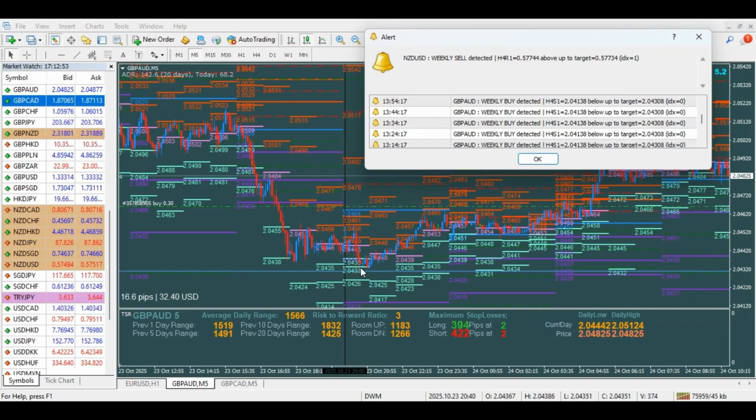And then we're looking for price to come and hit the H1 S2, but for weekly S1 or any sort of R1, S1 on the daily or the weekly, we consider that the weakest pivots. So we actually want price to come down and hit the hourly S3 for weekly S1s and the inverse for sells, okay?